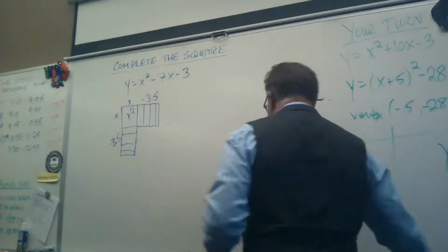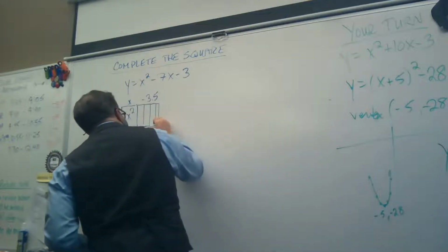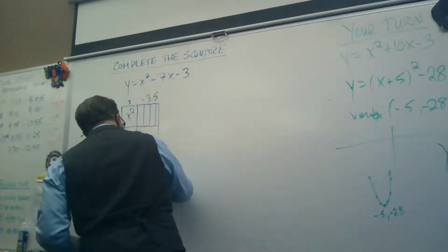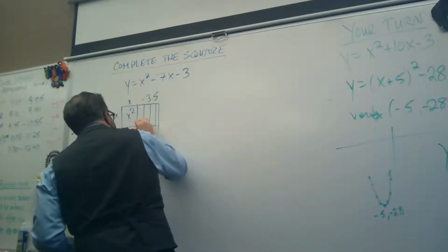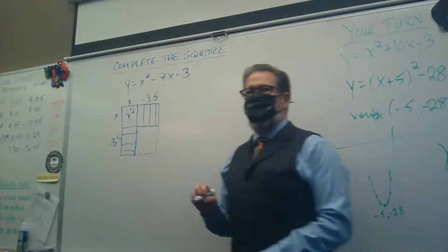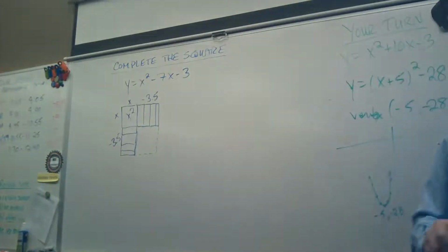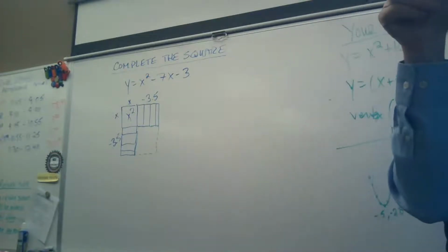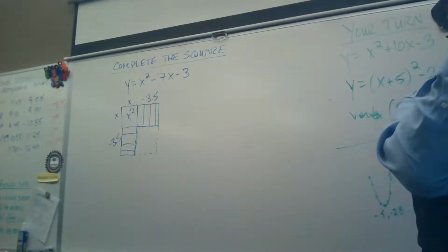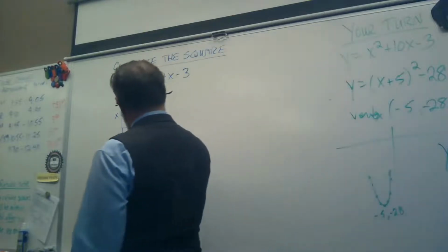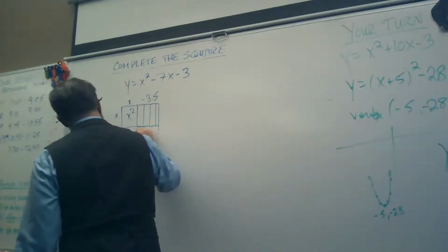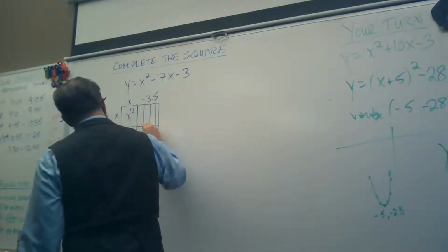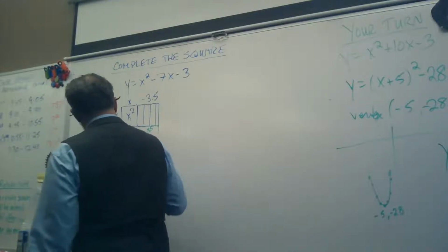Let's turn this into a square. We'll draw our little square right there. Now, how big is my square? It is negative 3.5 by negative 3.5. Oh, cool, it's still going to be positive because a negative times a negative.